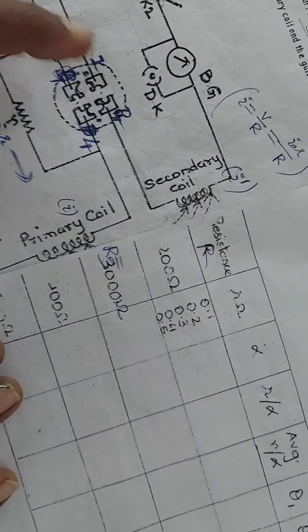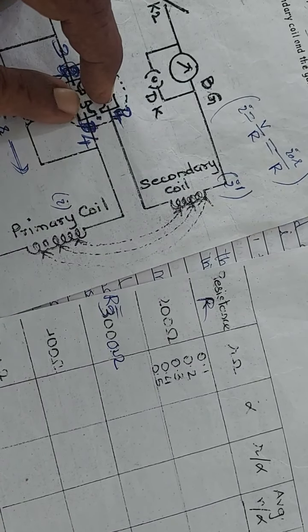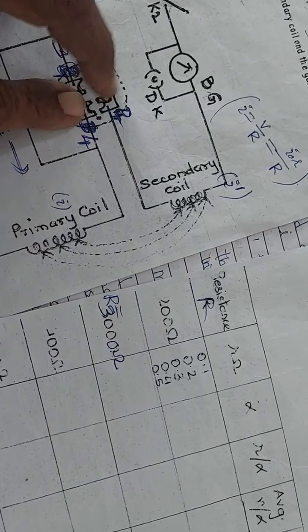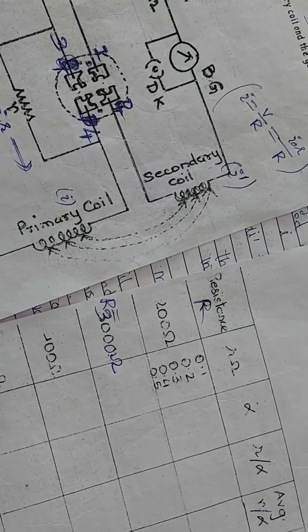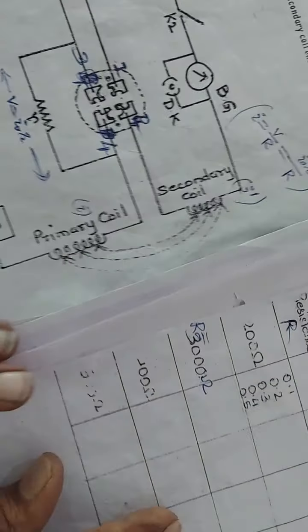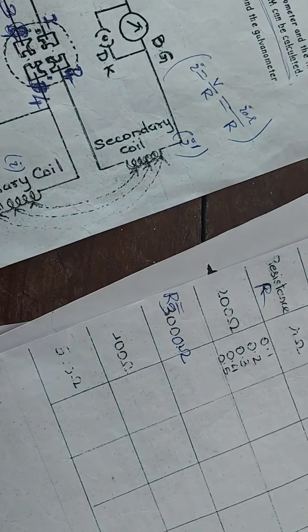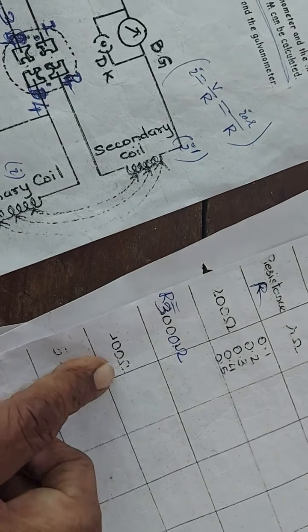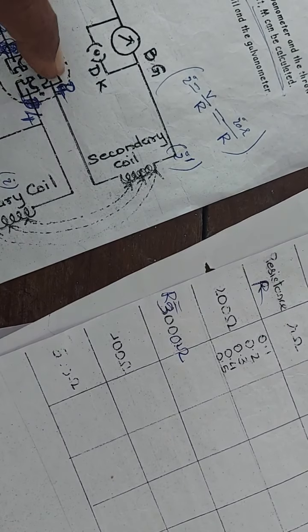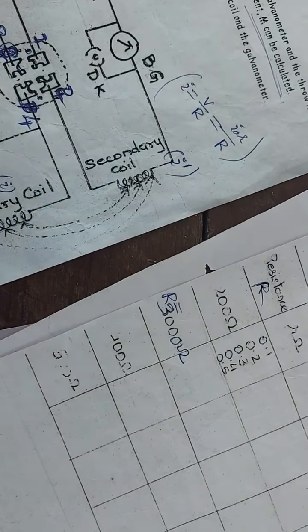Connect 1 and 2, 3 and 4. Take controlling resistance R approximately 3000 ohm. I have connected 1 with 2 and 3 with 4, so the primary part and secondary part are separated, isolated, right?